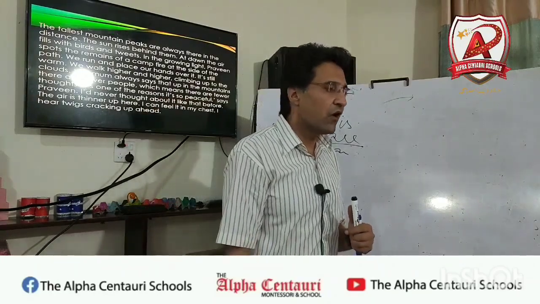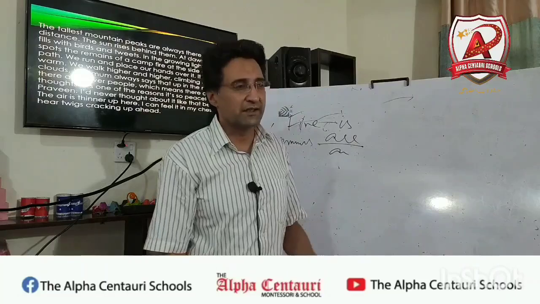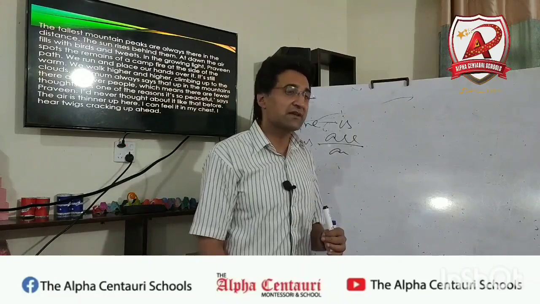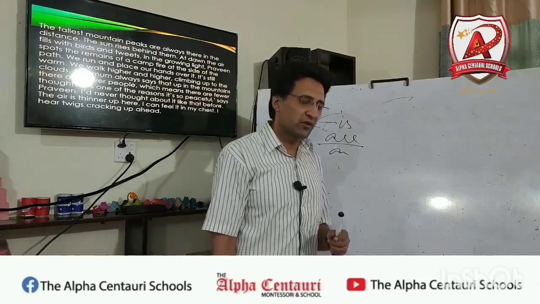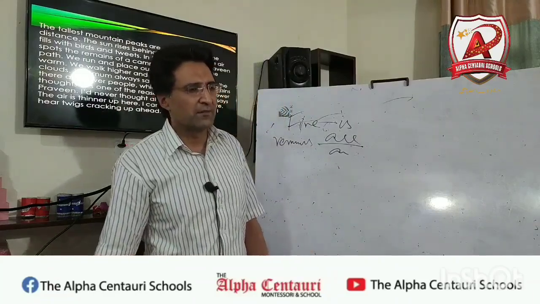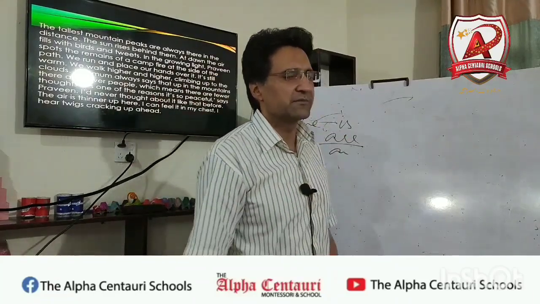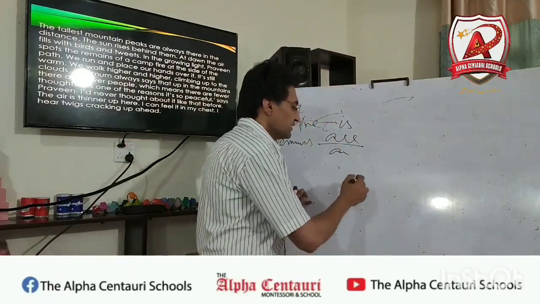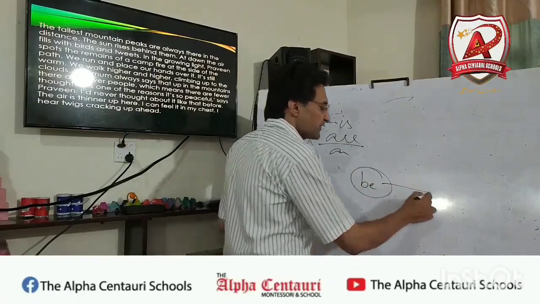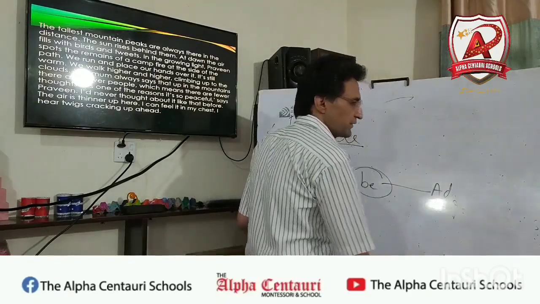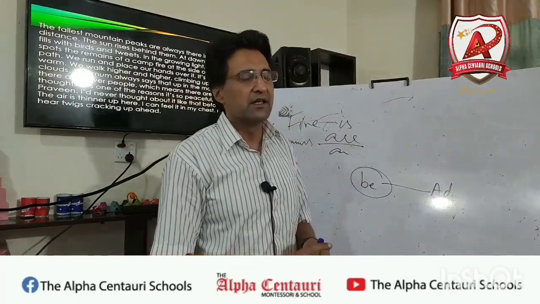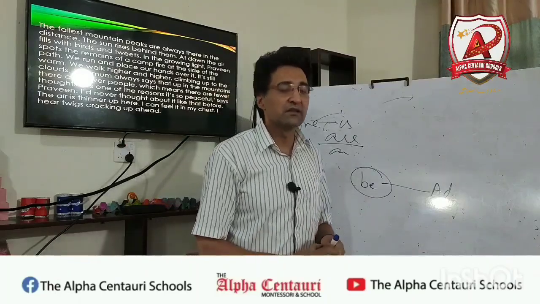Now warm is what, ji? Adjective. You are adding something into the meaning of what? It. It can also be called an agent at a higher level, but I'm not concerned with that. I'm just shortly giving them the idea that usually whenever these stative verbs are there, be forms are there, copula is there, after that we use what? Adjectives. It is good, it is bad, it is tall, it is warm.